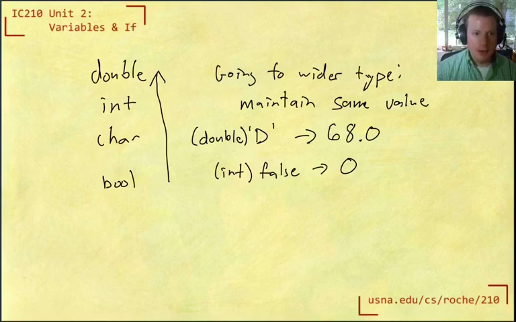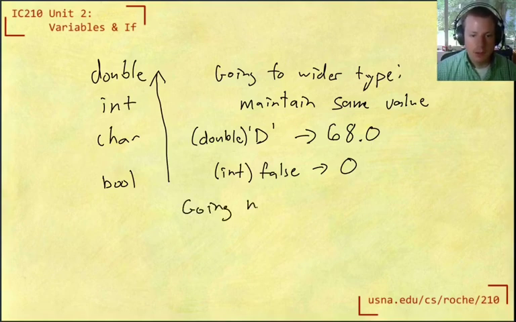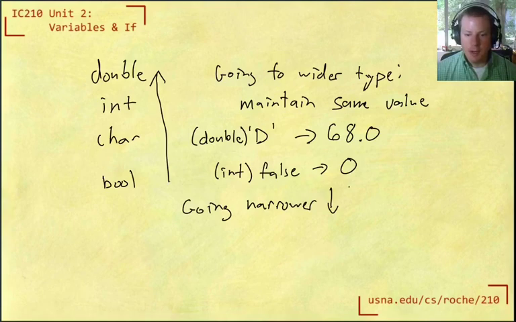And then in the other direction, going narrower, like in the top to bottom direction here, is usually going to be truncation.